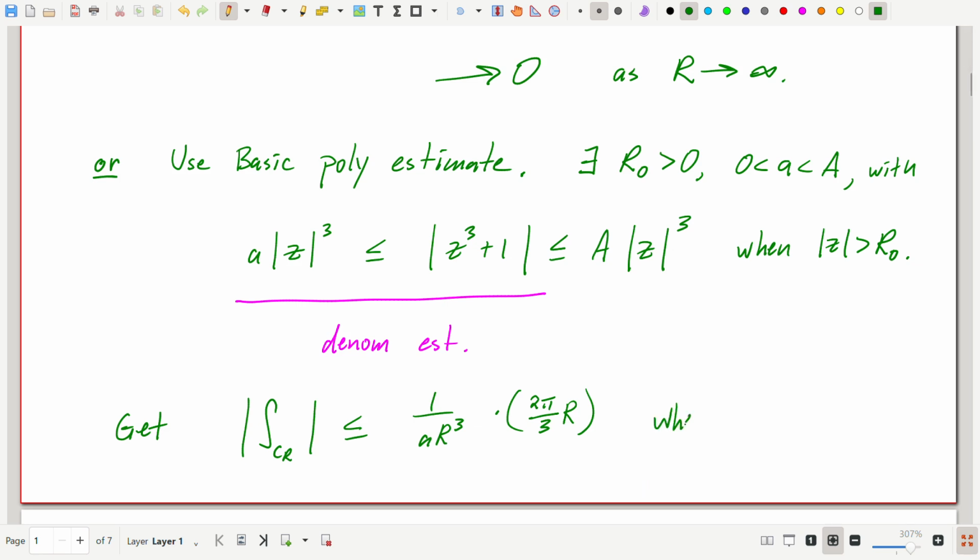And that would be when r is bigger than that r naught. That's another way to do it, and that's the way to do it when the polynomial in the denominator is not so simple that you can eyeball it and use the triangle inequality. That's not always the case.